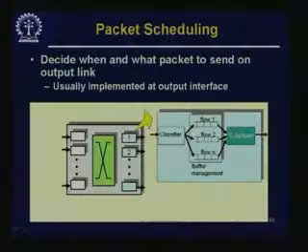So, this has a vital role to play on the kind of service that each of the packets at the micro level, and each of the flows in general at a higher level, get.